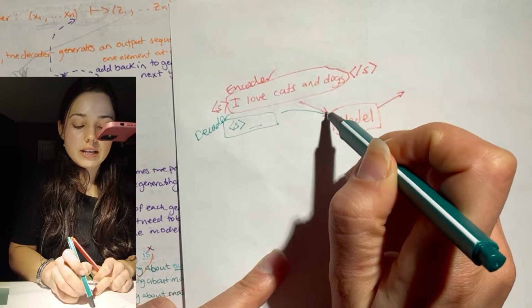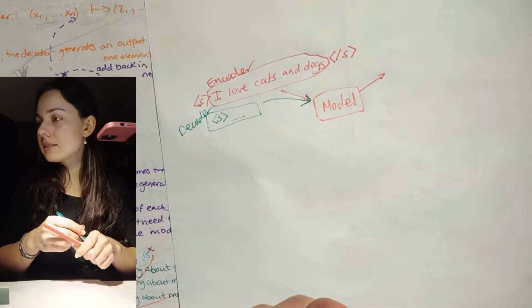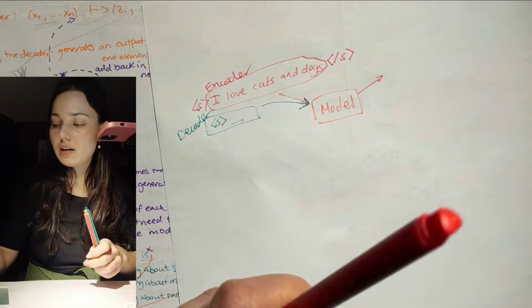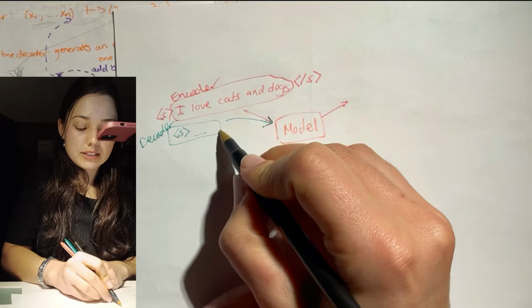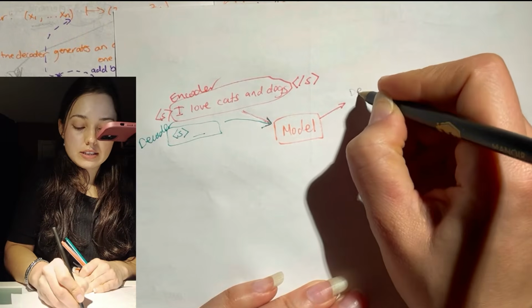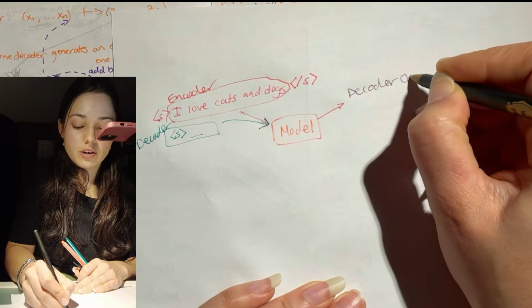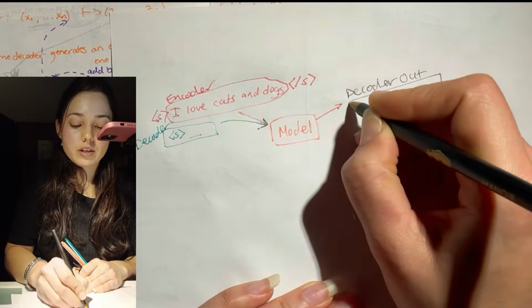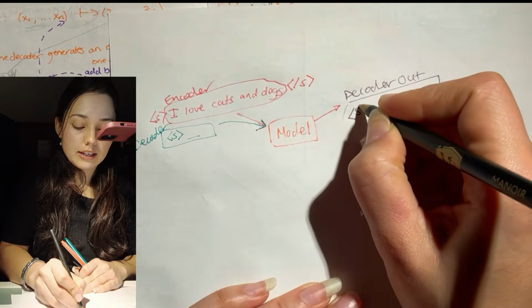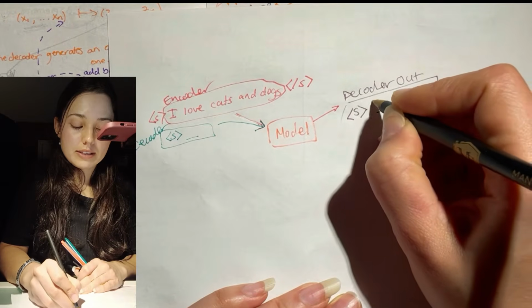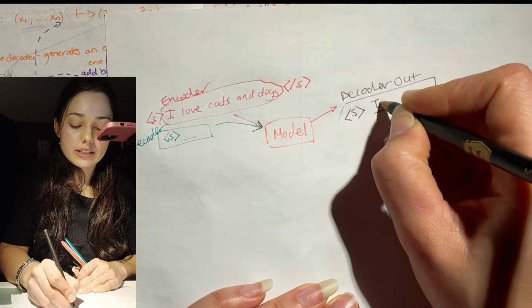Okay, so together that gets put in, and then the output is going to be from the decoder. So the decoder gives the output all the time. This is true for all of the outputs here. And it's going to be the new line character, and then maybe it's going to be tu. Let's say it gets it wrong.